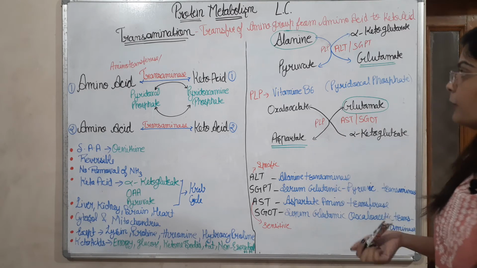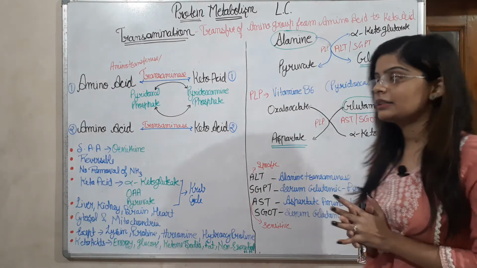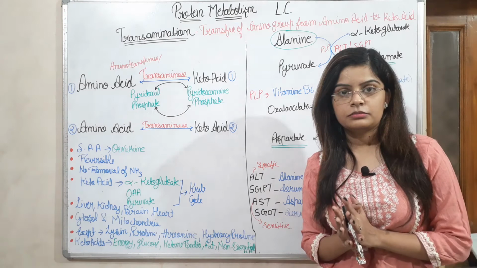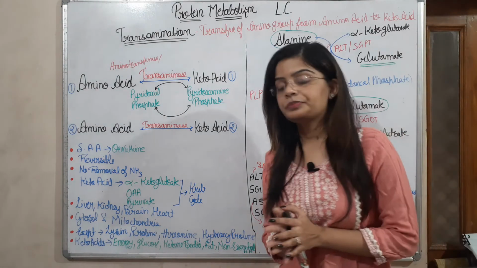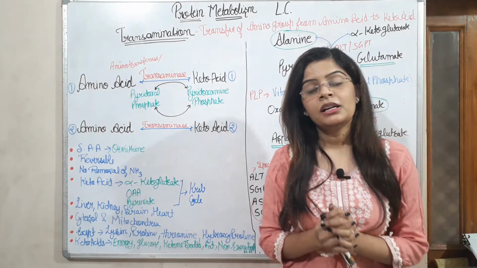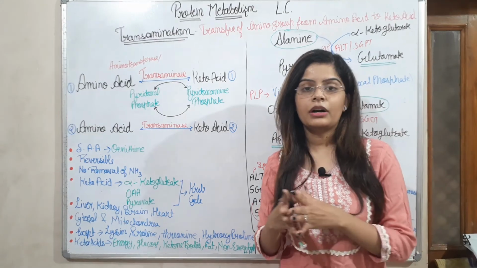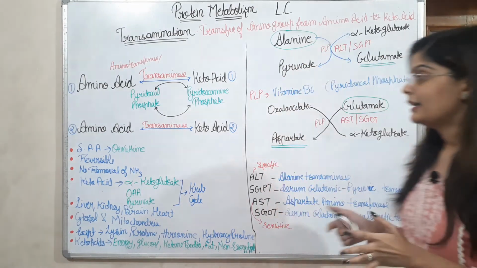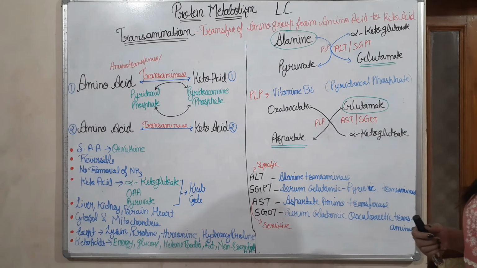Now, one more thing, which is very important on a clinical basis, for clinical testing: whenever we have some disease in our liver, hepatic disease like jaundice or something else, or sometimes any kind of cardiac disease, at that time the testing for the SGPT and SGOT enzymes is done.